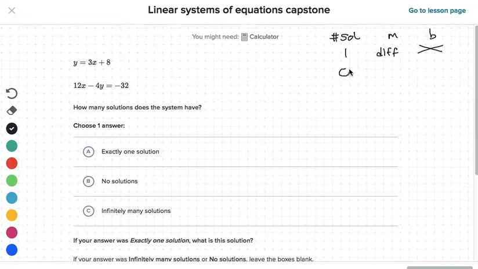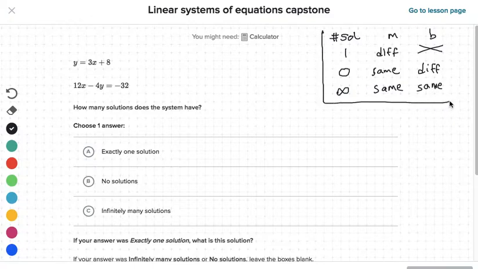You have zero solutions if they're parallel lines, if the slopes are the same and the y-intercepts are different. And you have infinitely many solutions if they're the same right across the board. Both the slope and the y-intercept are the same, essentially making both equations the same line. So this is what you want to go by. If you don't already have this in your notes, make a note of it.